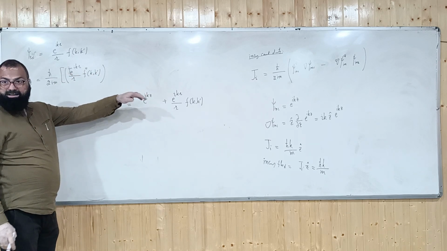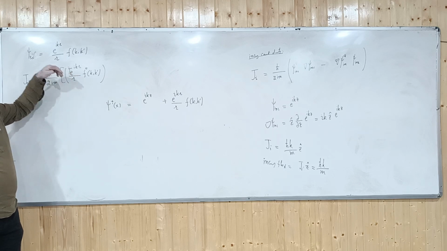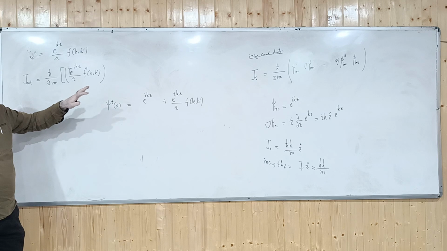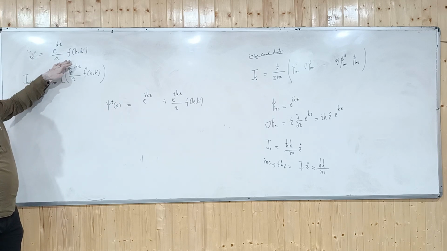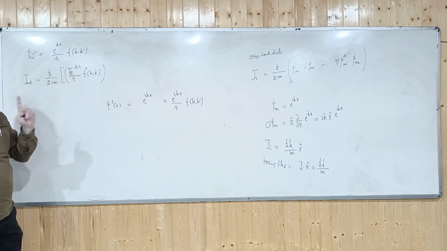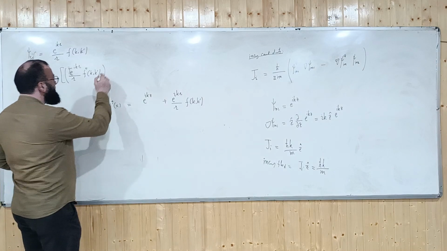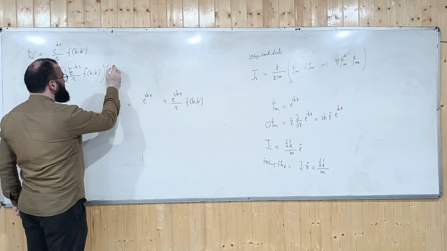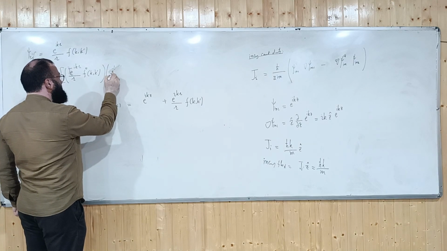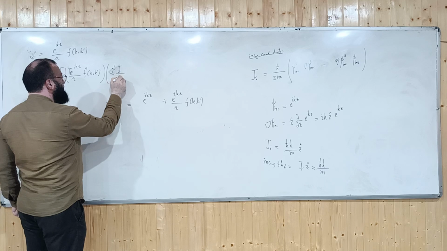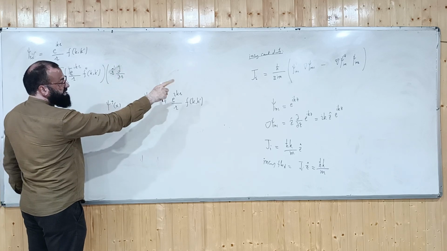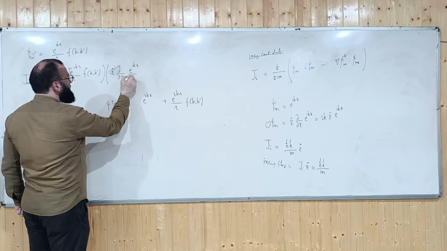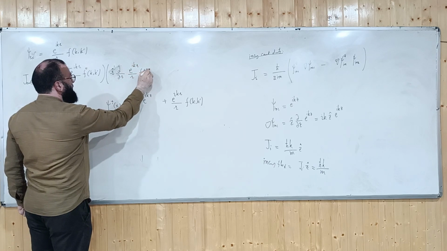Then you have the gradient. Since it's a spherical wave, I have to use the gradient in spherical polar coordinates. Since this only depends on r, I need to take only the r component of the gradient. So how much is that? It is simply the unit vector r, partial by partial r, acting on psi. What is psi? e raised to i k r by r, f(k, k prime).